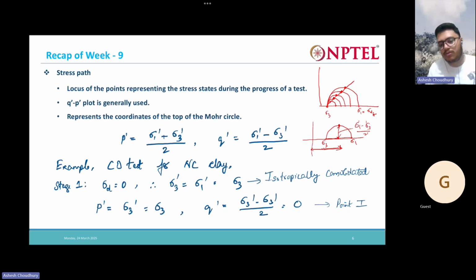But generally, at this level of our study, when we speak about consolidation we mean isotropically consolidated, that is, consolidated under equal confining stress.